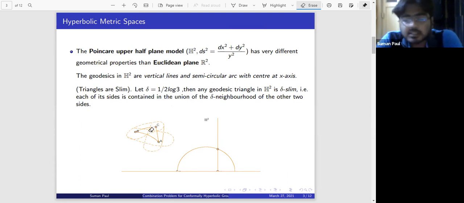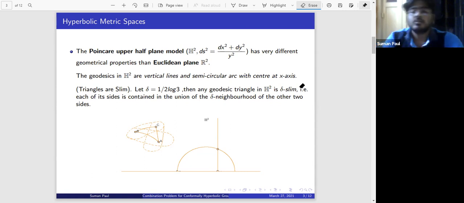And obviously this does not happen in the Euclidean plane, because if you take a large triangle, you can find a delta for that triangle, but that delta is not uniform. If you take a bigger triangle, then you have to take a bigger delta. So this property is called slimness of triangles.